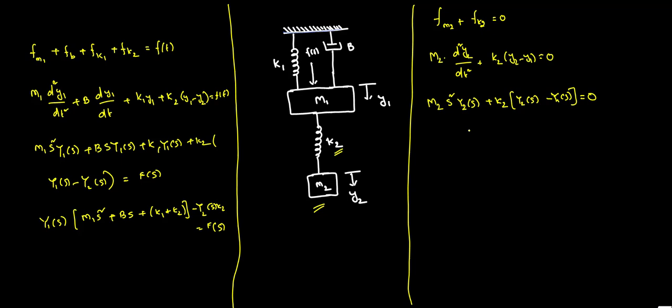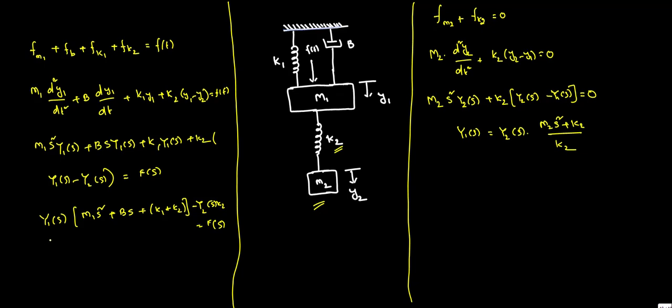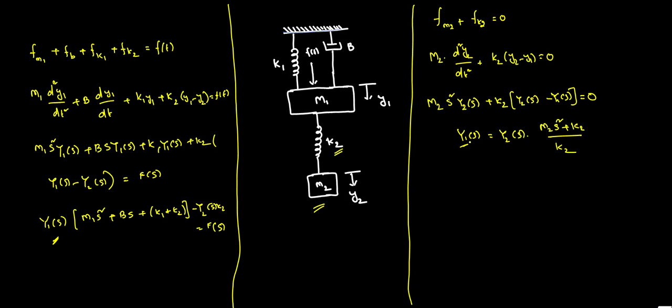So now, by substituting this value, y1 of s is equal to y2 of s into m2 s square plus k2, divided by k2. Now you can substitute y1 from the earlier equation. By substituting the value of y1 that we have solved, y1 is equal to y2 into all those things.